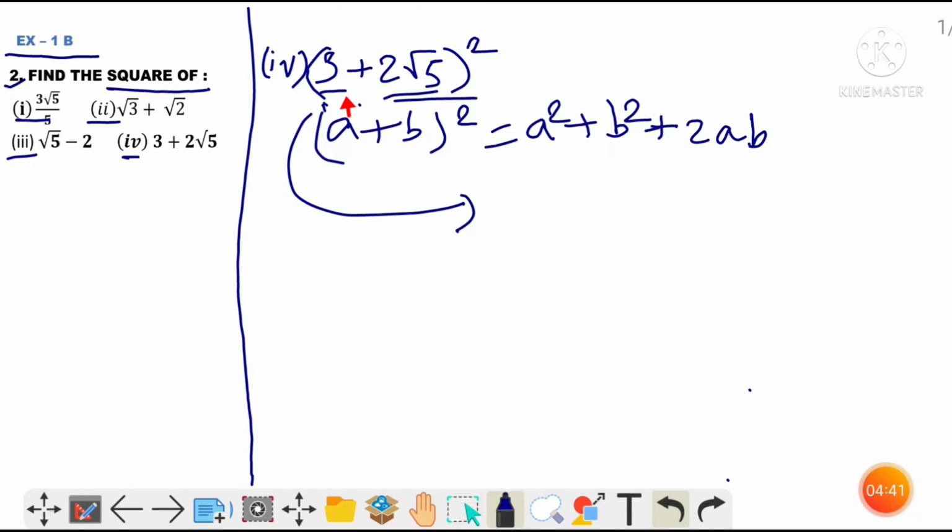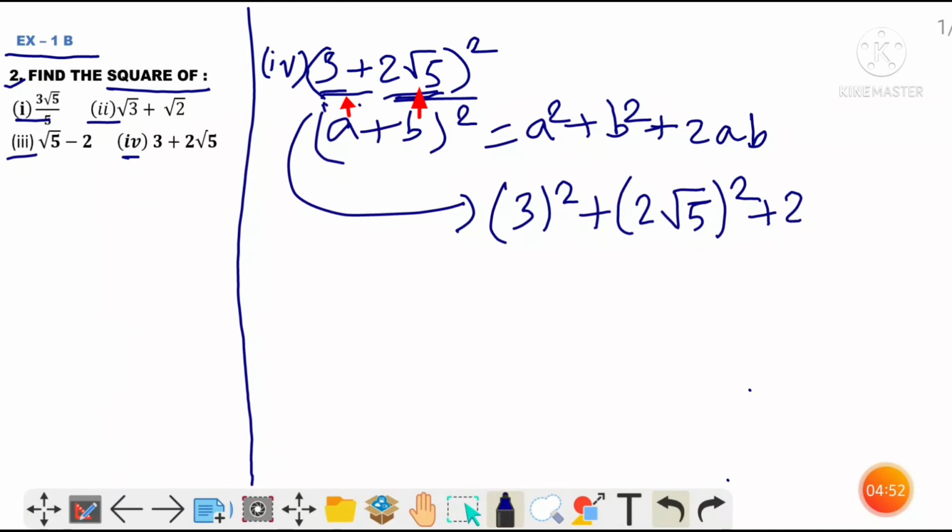Here a is 3, b is 2 root 5. A square means 3 square, plus b is 2 root 5 whole square, plus 2 into a, which is 3, into b, which is 2 root 5. Let me mark it with brackets.